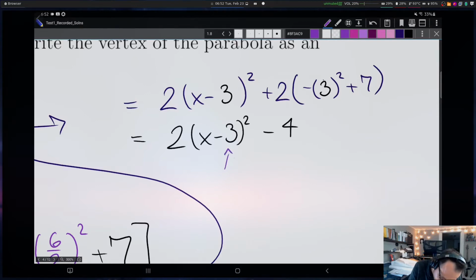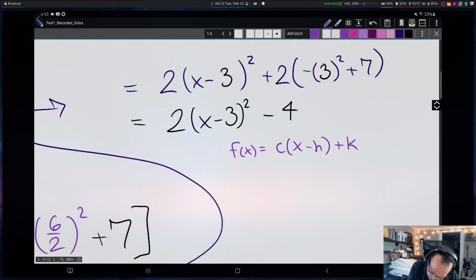So this is going to be my h, roughly. Well, okay, I should be a little bit careful. Vertex form says I need to have f of x equals c times x minus h, squared, plus k. So I just need to be careful with the signs here.